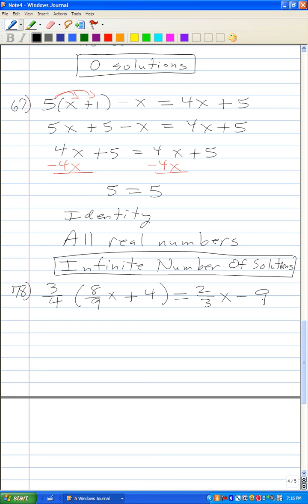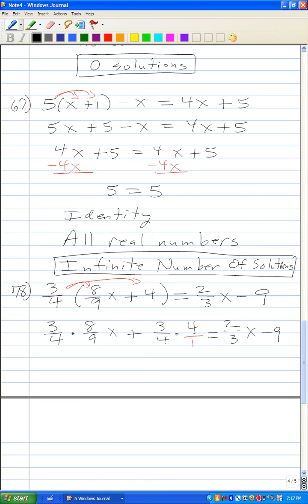Okay, so let me simplify this. Let me multiply the 3/4 inside the parentheses. So this is the same as 3/4 times 8 over 9x plus 3/4 times 4, maybe I'll write that as 4 over 1, equals 2/3 x minus 9.